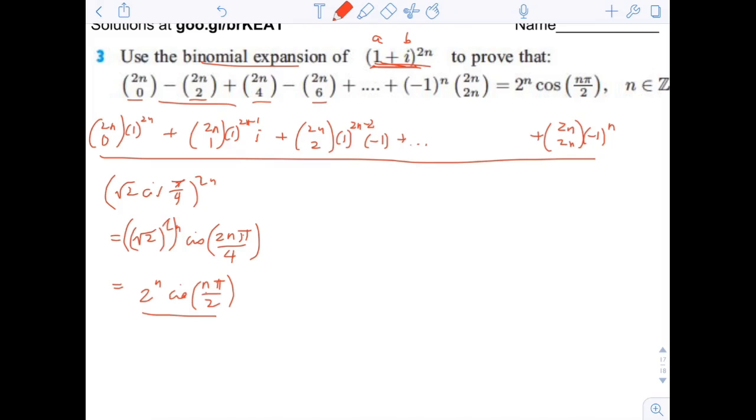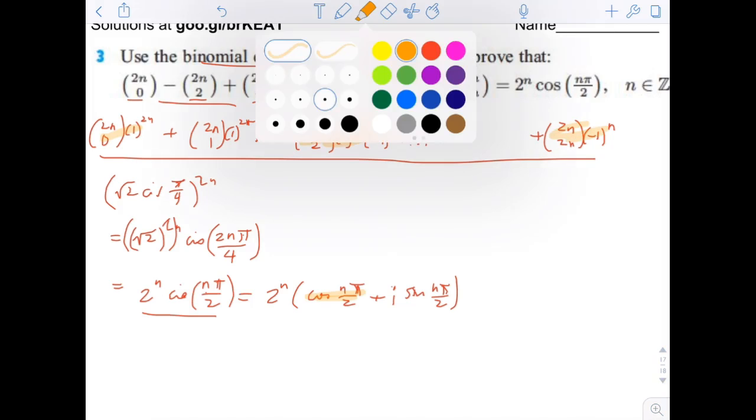And this expression can be broken down into 2 to the n cosine n pi over 2 plus i times sine n pi over 2. So you can see that it's got a real part and it's got an imaginary part. And so the real part, which is this, can be equated to the real part of this expansion.